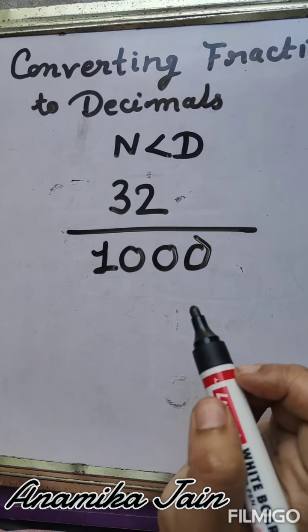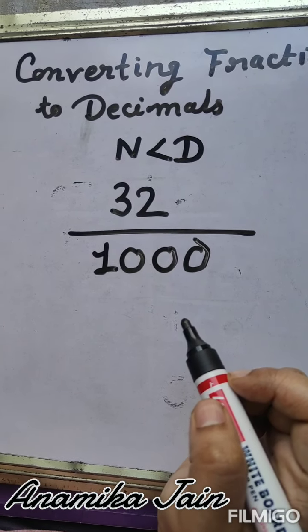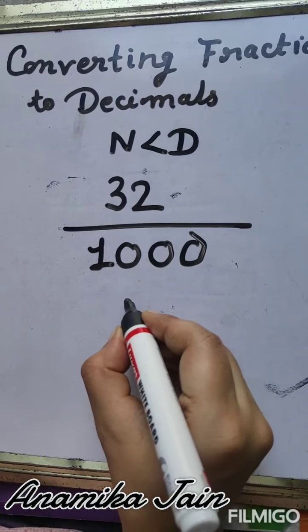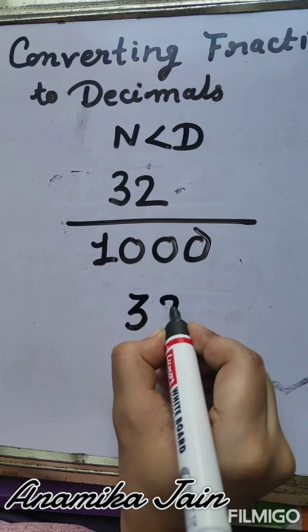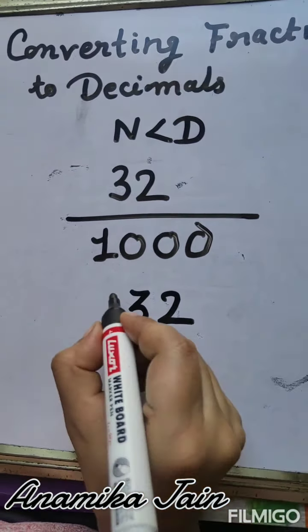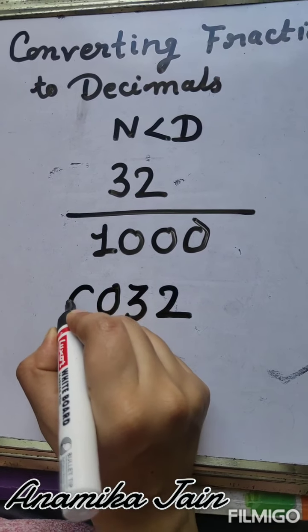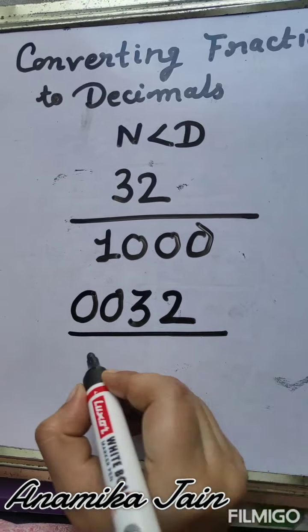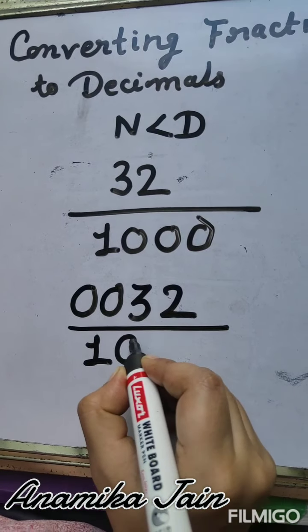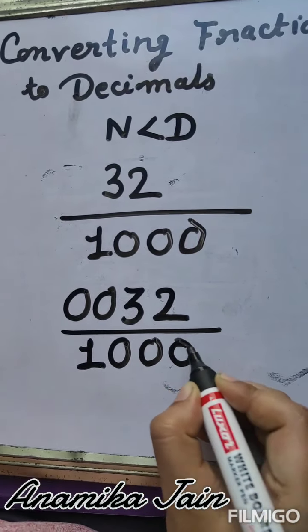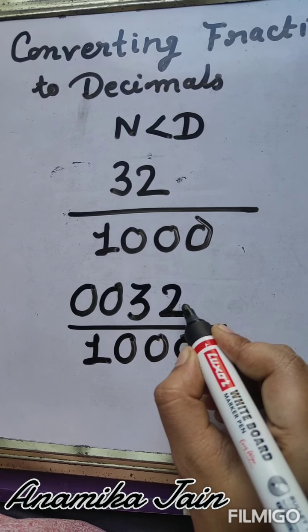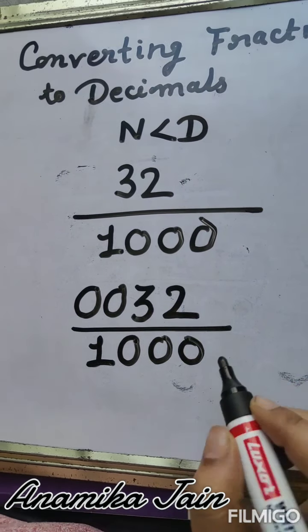So we will make the same number of digits in the numerator and denominator. For that, how many zeros do I have to place? 2 zeros before 32, and the denominator will be 1000. Now the same number of digits are there in the numerator and denominator.